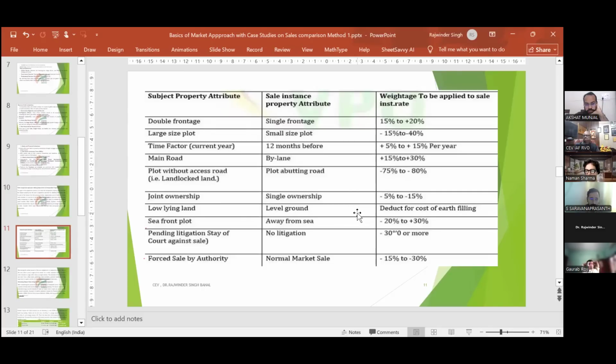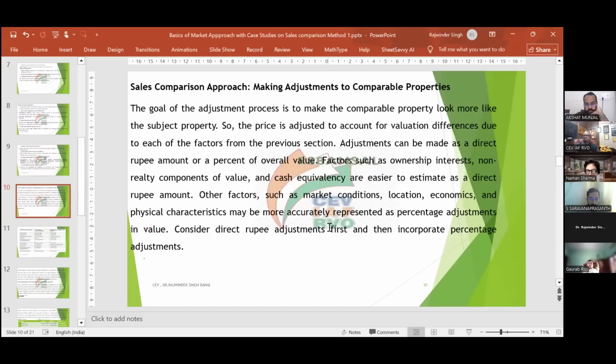Basically, in this market approach, we try to bring the properties to the same level. How they are brought, we will see how we can do that.